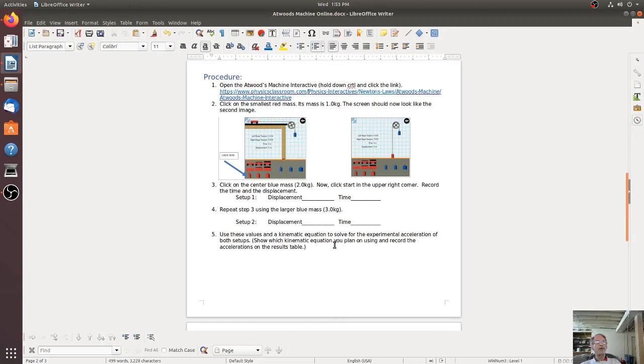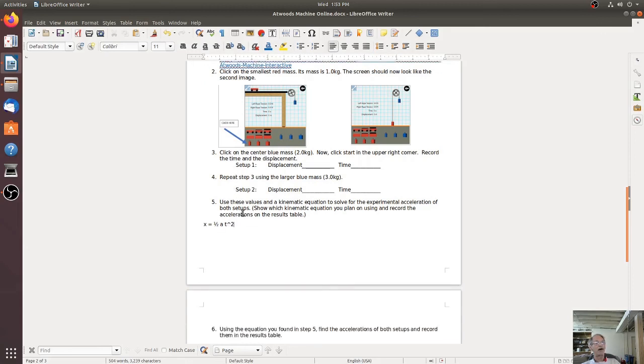So I'm supposed to record the displacement and time I get. Use these values and the kinetic equations to solve for the acceleration in both setups. Okay, the acceleration equation you're going to use is that distance equals 1/2 at squared. You see, I know the distance in each of these things, and I know the time, so I'm going to use this to solve for a.